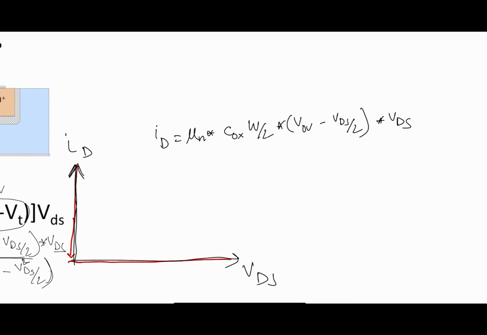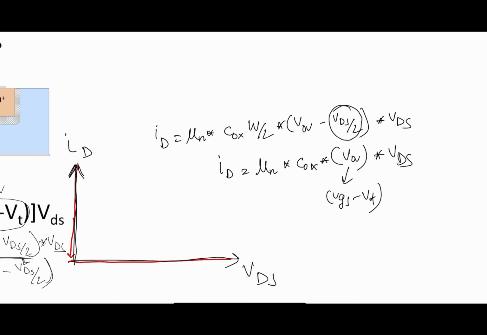Now let's assume VDS is small or VDS is 0. When the VDS is small, we can easily neglect this part, right? As VDS is small, VDS by 2 is too small. Then the current equation ID will be mu n COX W by L, VOV into VDS, and VOV is equal to VGS minus VT.